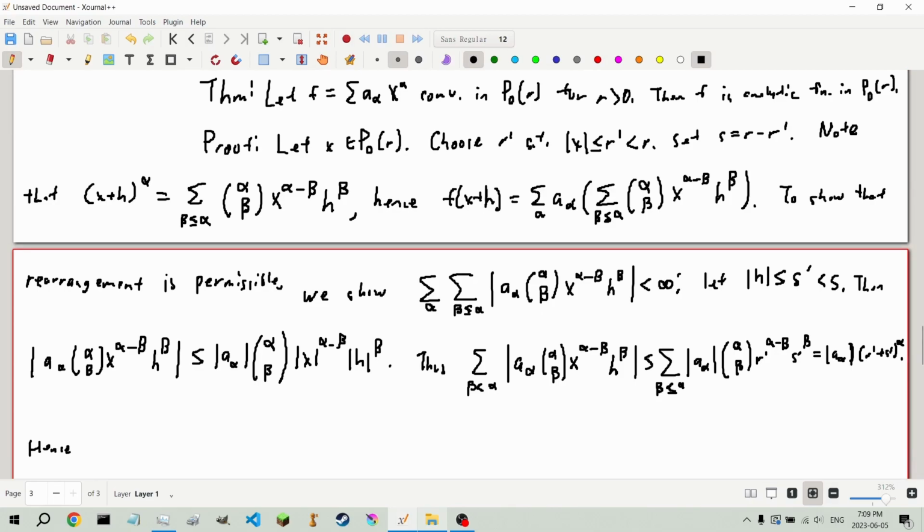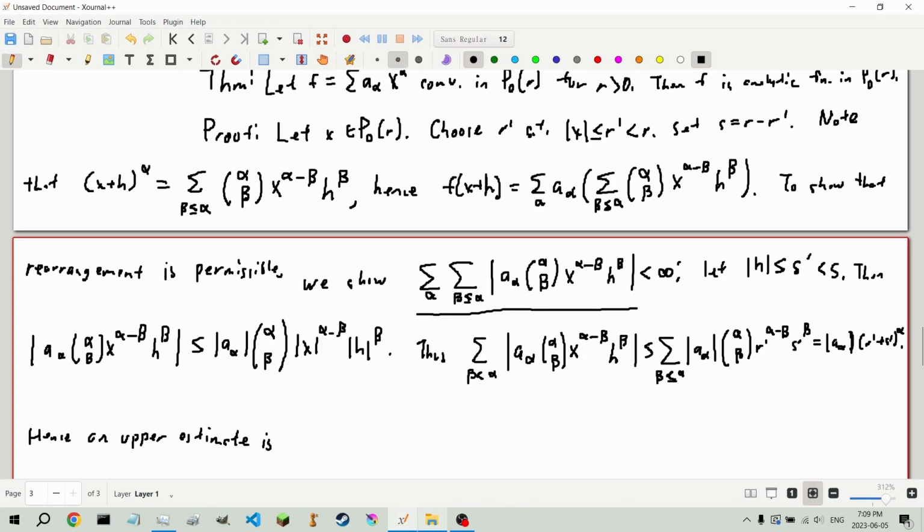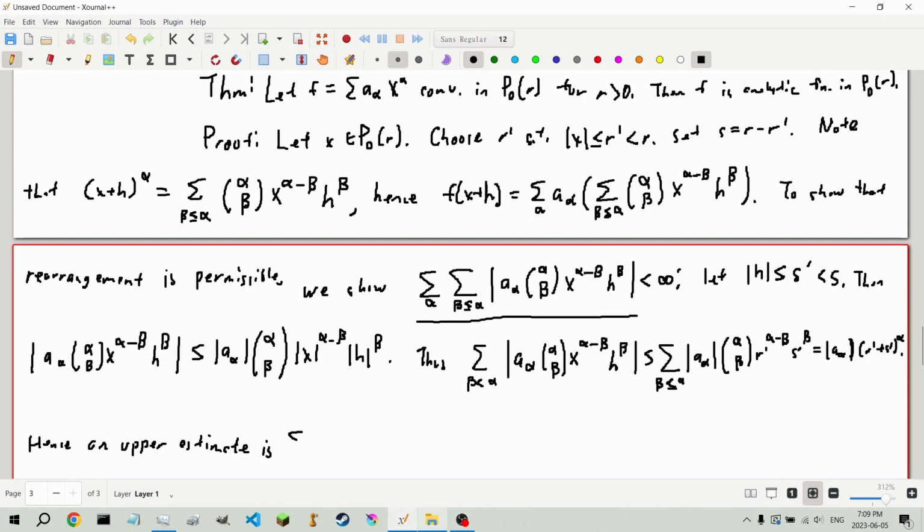Hence we have an upper estimate of this term, which we need to show is finite, and our estimate is the sum over alpha of the norm of a_alpha times (r prime plus s prime) to the alpha, which we know is going to be finite. Okay.